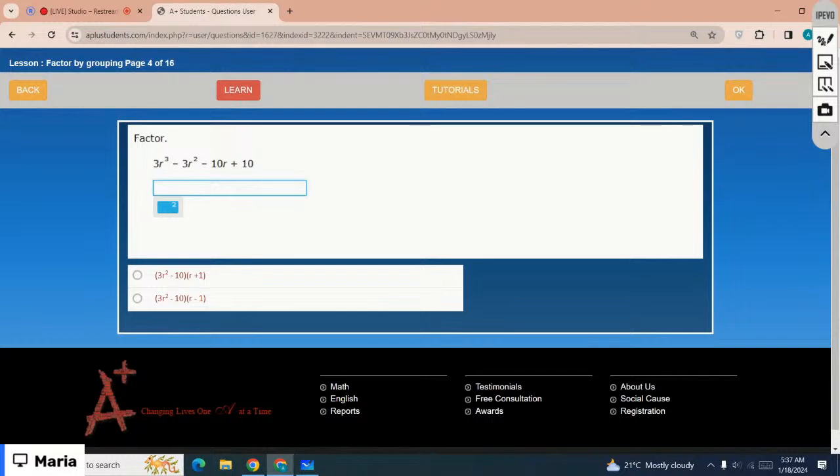You can use your notebook and pencil and try to factor the given expression. Yes, the correct option is 3r squared minus 10 and r minus 1. Very good. Option number 2 is the correct option.